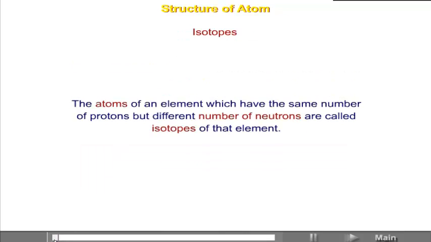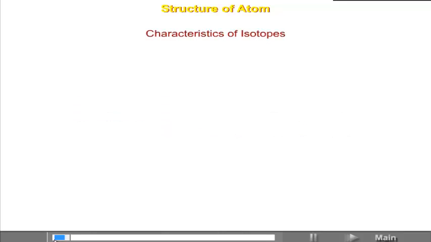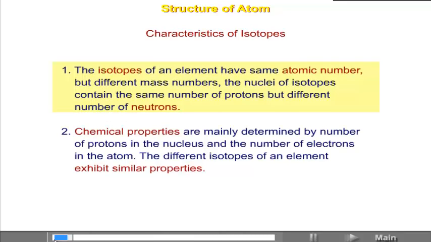Isotope. The atoms of an element which have the same number of protons but different number of neutrons are called isotopes of that element. Characteristics of isotopes. First one, the isotopes of an element have same atomic number but different mass numbers.